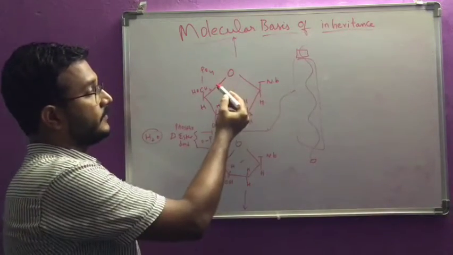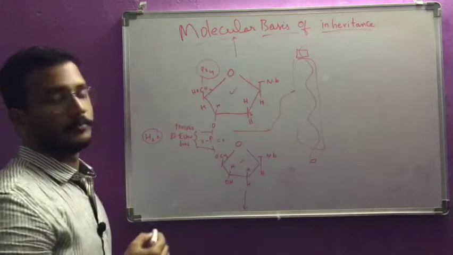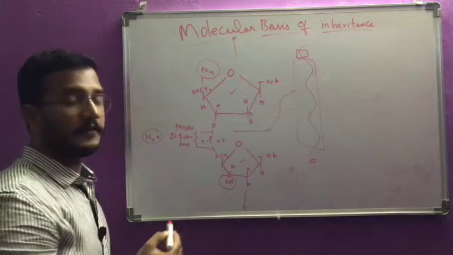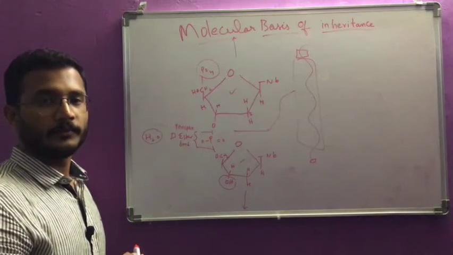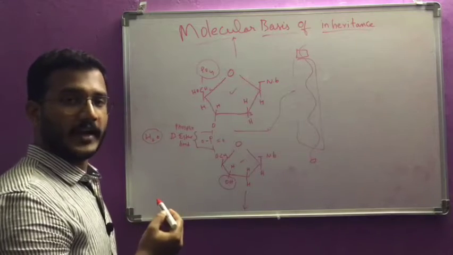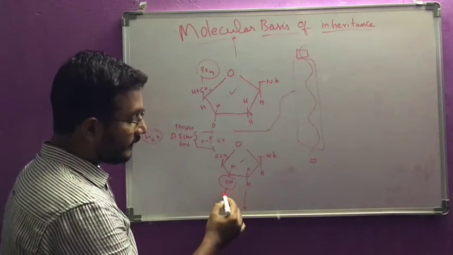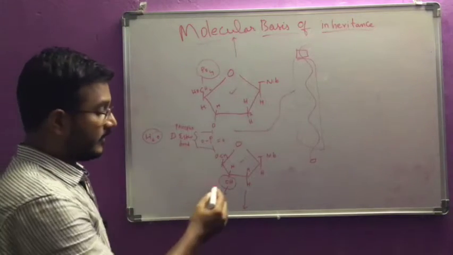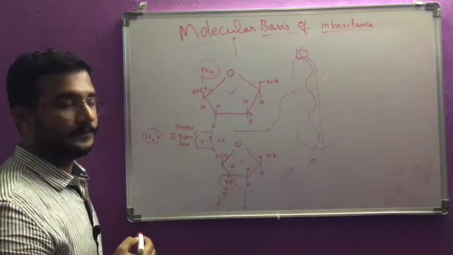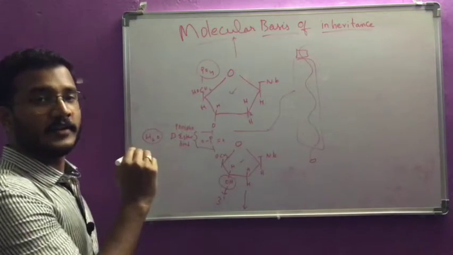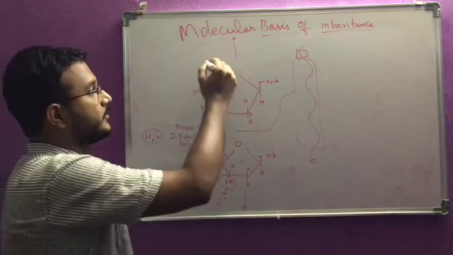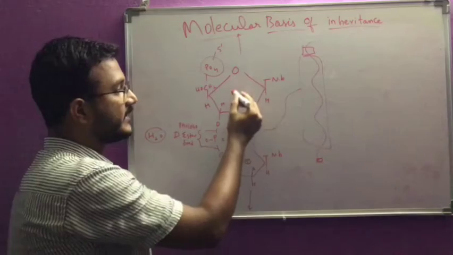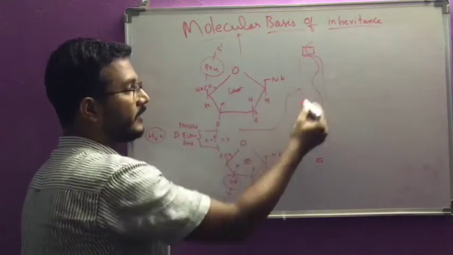See here, the last one has a free phosphate group, and the first one has a free OH group, a hydroxyl group. The nucleotide which has the free OH group without bonding to anything is known as the 3' end, and the nucleotide which has the free phosphate group is known as the 5' end. Imagine this is first and this is last, and in between so many are there.